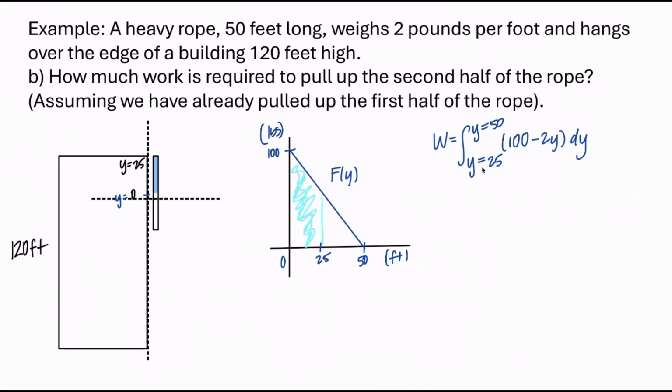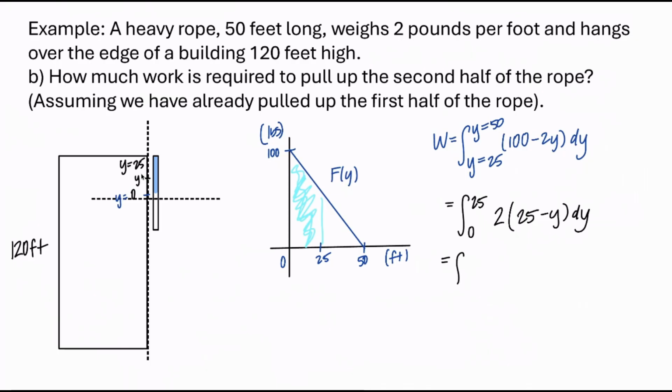So what I can do is calculate the integral from 0 to 25, but here's where I have to be careful. It's not going to be 100 minus 2y anymore. So it's going to be that 2 pounds per foot, and then how far does a y value here have to move? Well, the distance is 25 minus y dy.